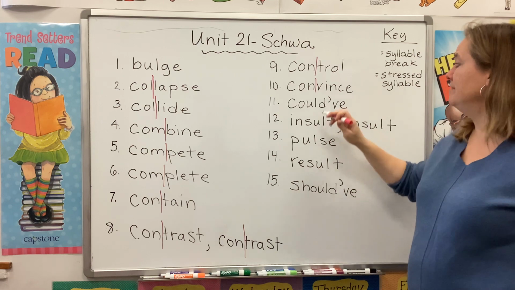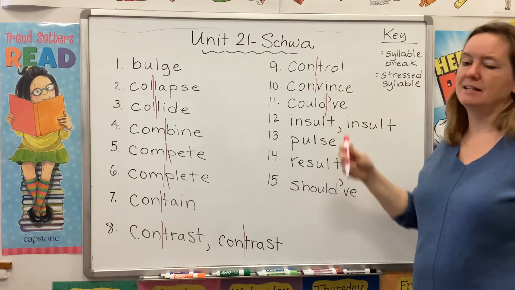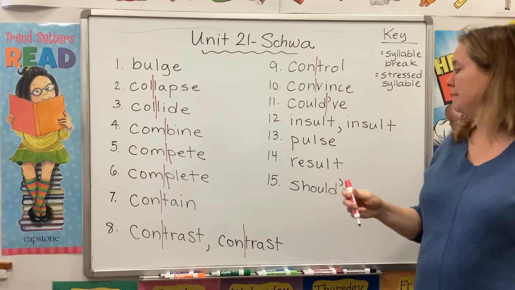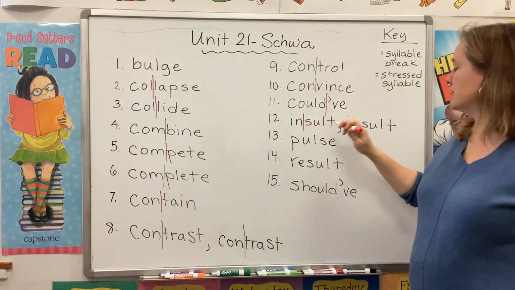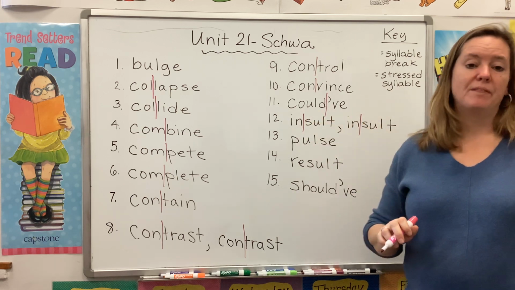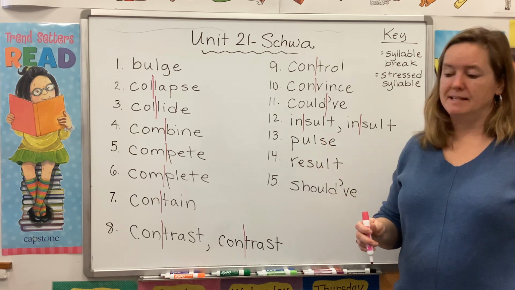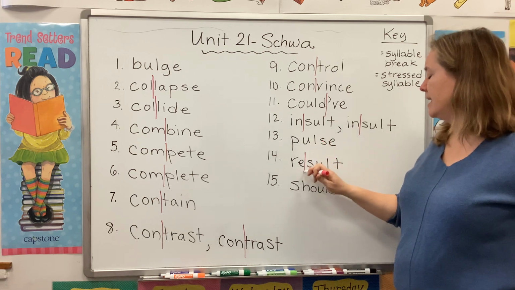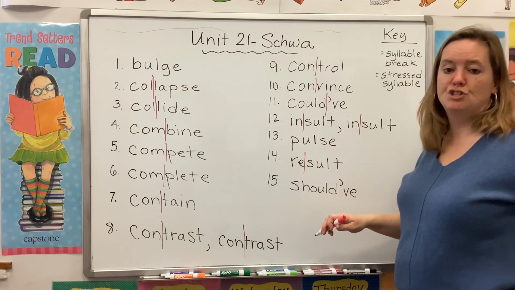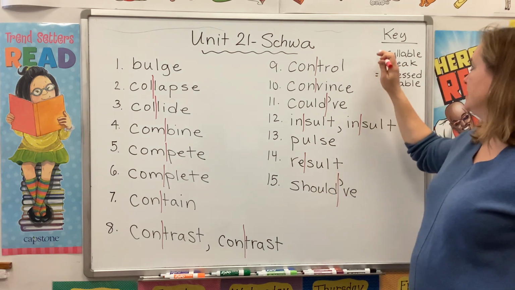For could've, I'm going to slice it right before that apostrophe. Insult and insult, in both cases I'm slicing it after the N. Pulse is one syllable. Result after the E, and should've after the D.